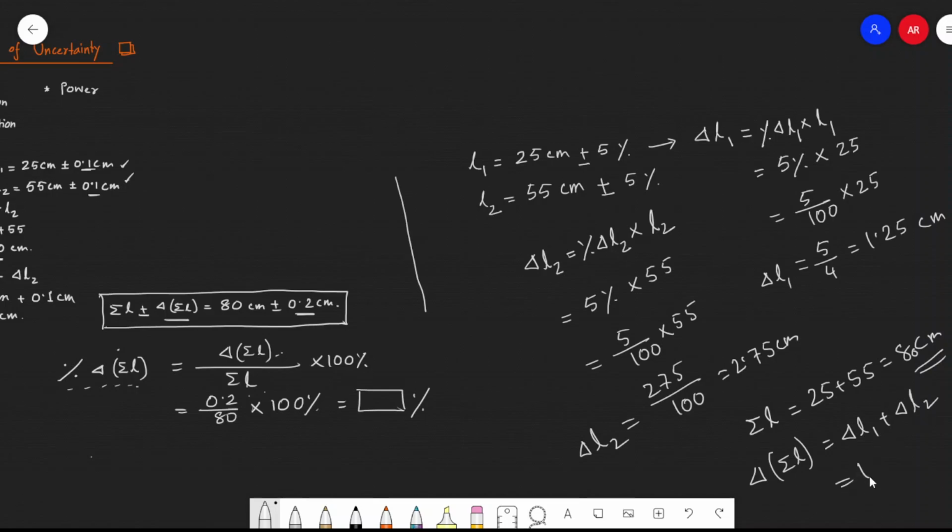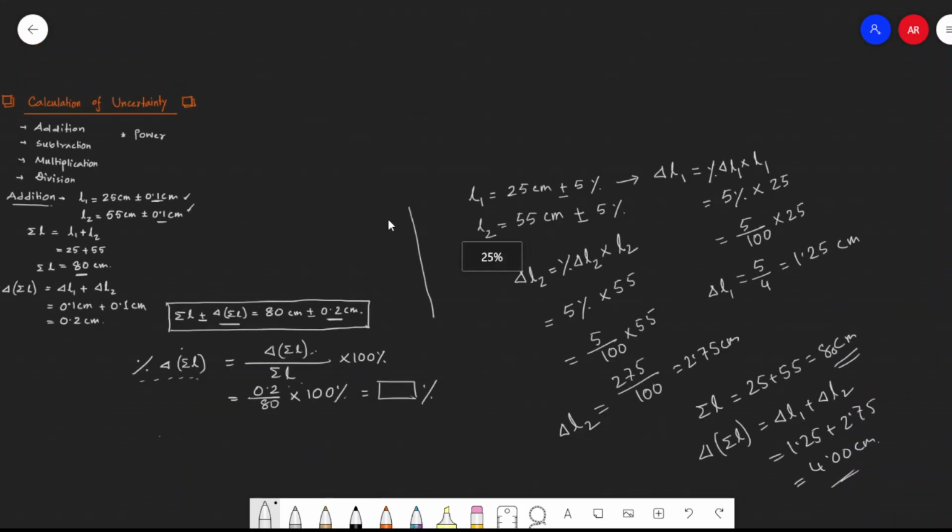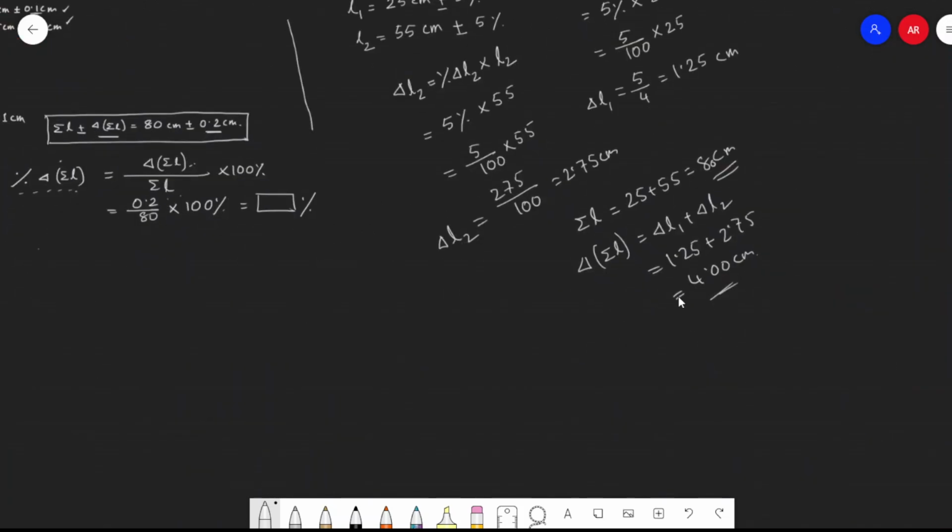Del L1 was calculated as 1.25, del L2 as 2.75, which sums to 4 centimeters. So del of sigma L, the absolute uncertainty of the total length, is 4 centimeters. So it is 80 plus minus 4 centimeters. This is how we are expressing this value.